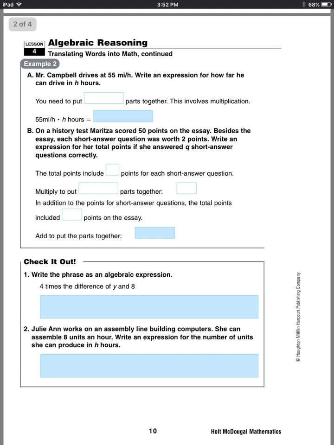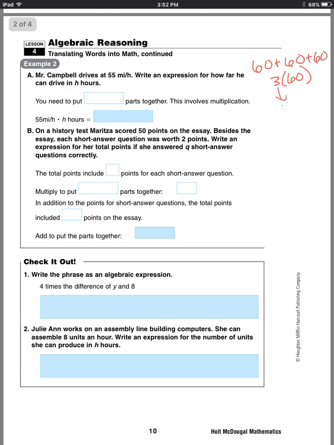Sure. So I could say I can drive 60 plus 60 plus 60. I have 3 60s there, 60 miles for each hour. Or, we know easier math says that I can put 3 times 60 and get the same answer.